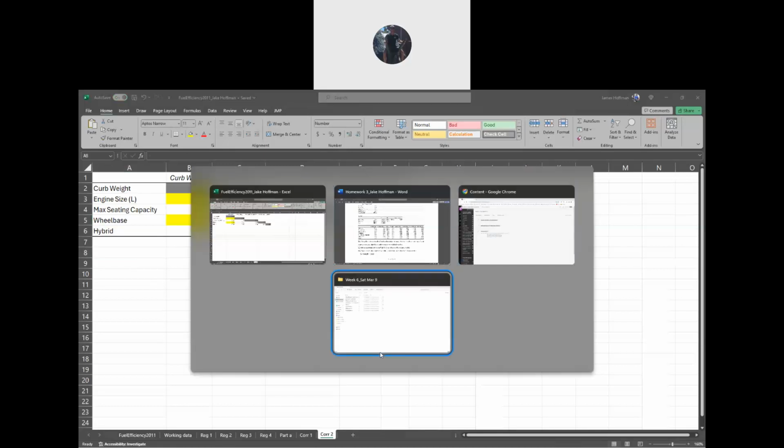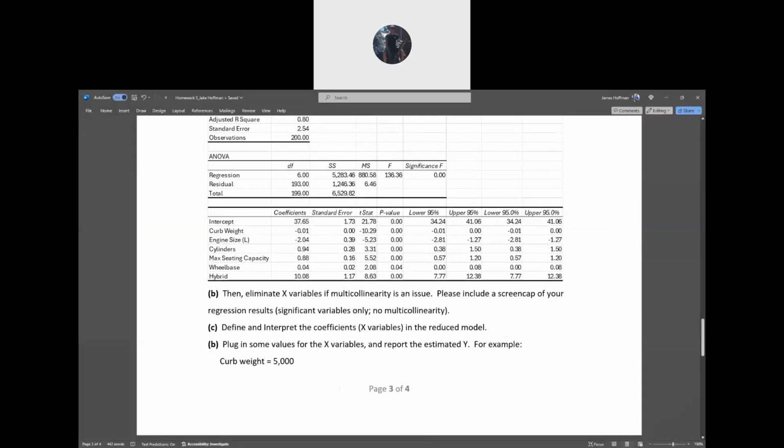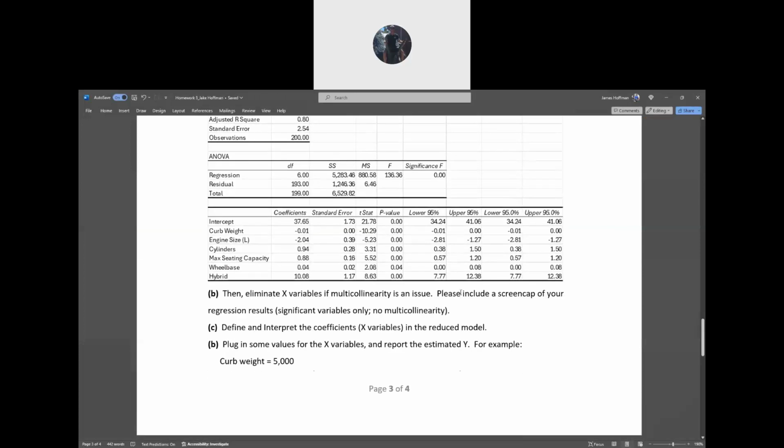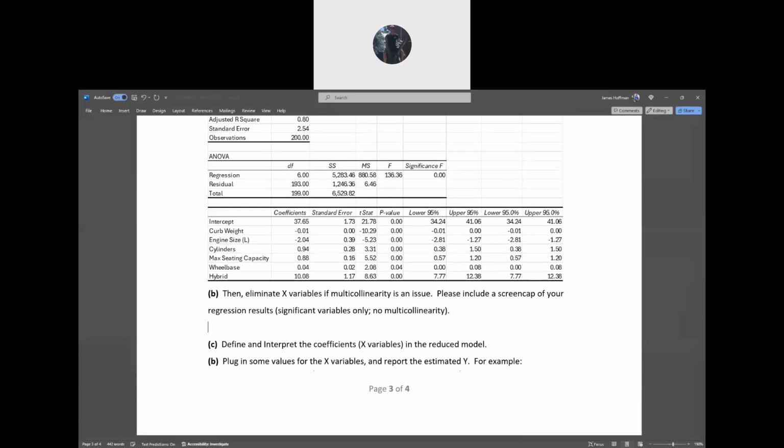I'll make a note in the homework here. So, eliminate variables if multicollinearity is an issue. Here's what we did. Look at the correlation matrix first.